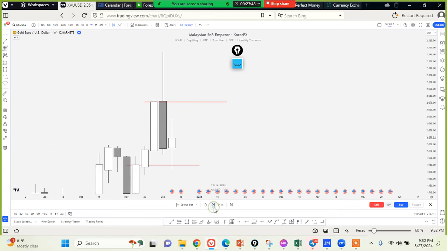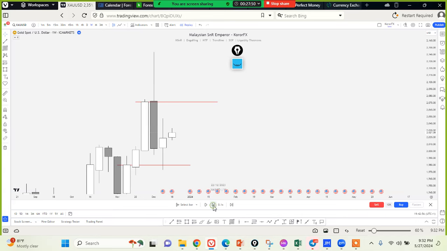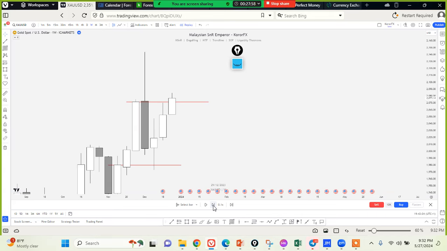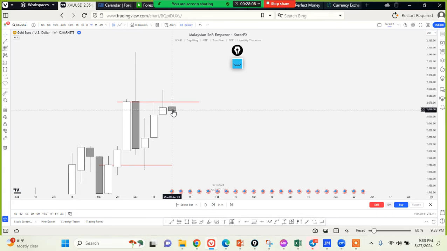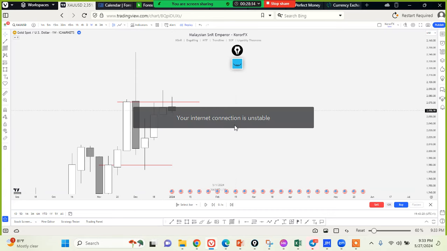Let us see. Price next week opens, and then pushes up, and then pushes up. The next weekly then comes, and you see price somehow rejects. If price rejects, the next candle confirms if I want to sell or not.